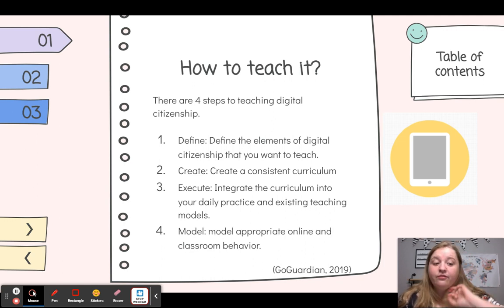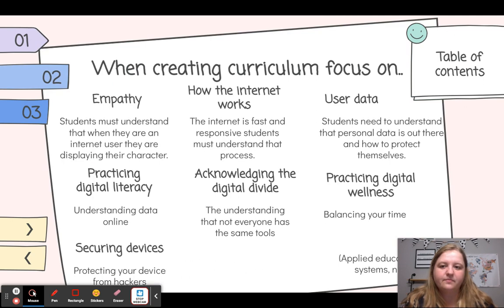And it's important for you to model what it looks like to be a good digital citizen, meaning your students know from your example how to be a good digital citizen, how to be respectful online, how to model appropriate behavior when you're online. Modeling is showing them the correct way how to do it.